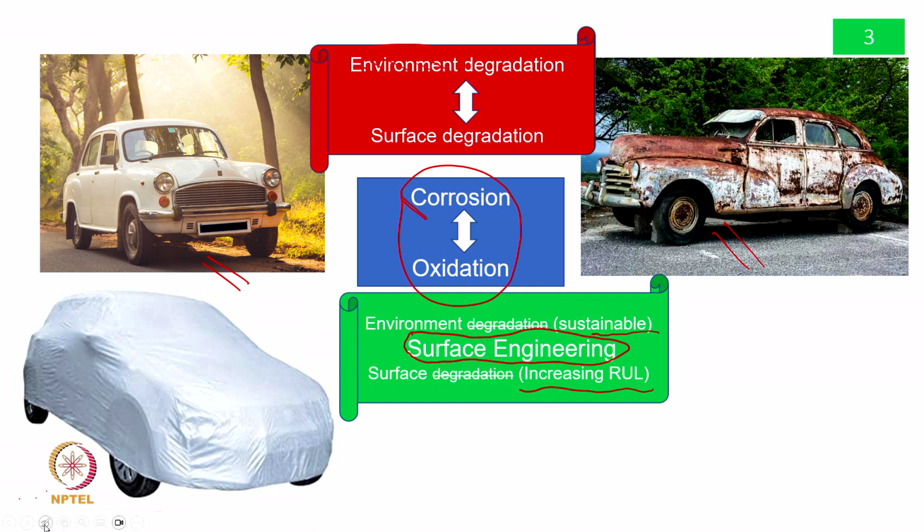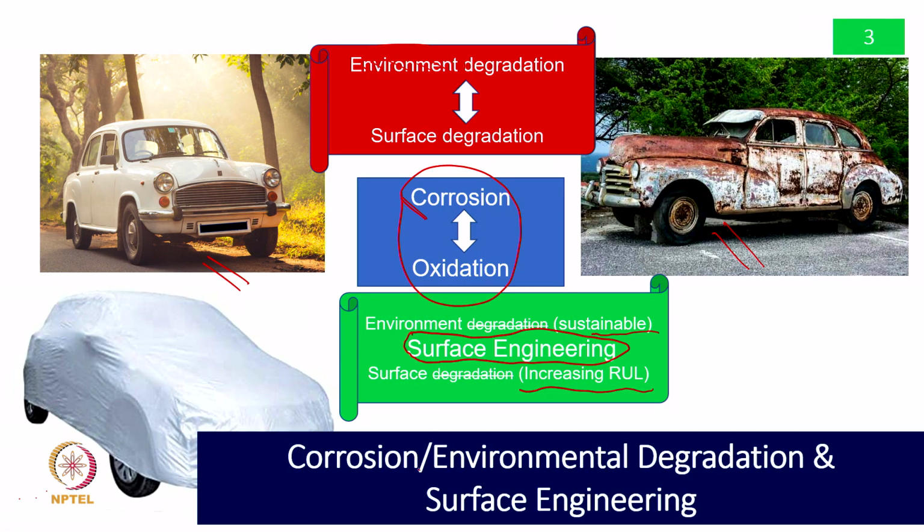And that is why this first course on corrosion, environmental degradation and surface engineering is very important. If we understand mechanisms related to corrosion, related to the environment interacting with surfaces and causing damage to the surface, then it will be important for us.